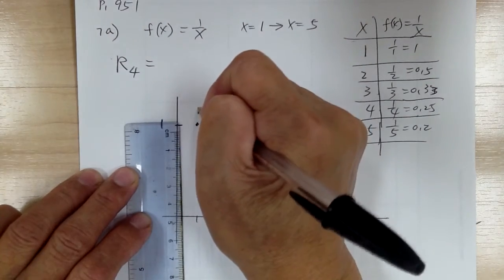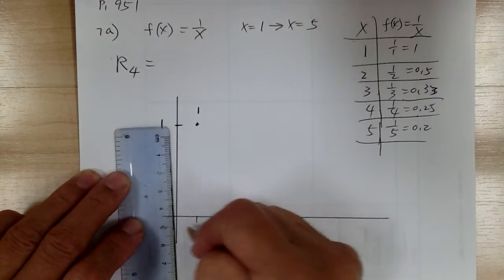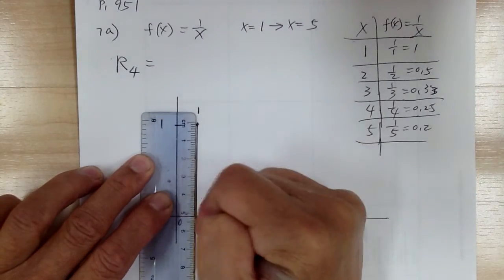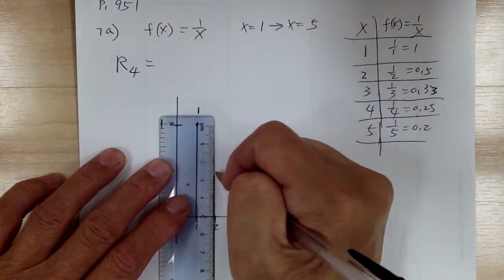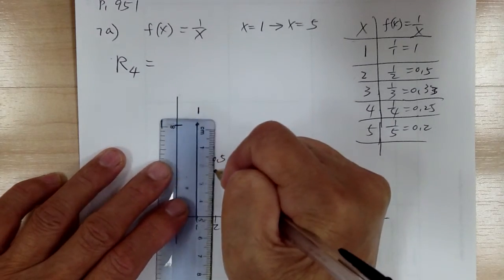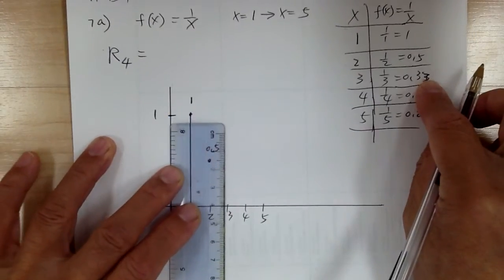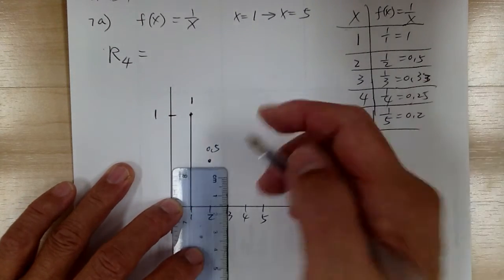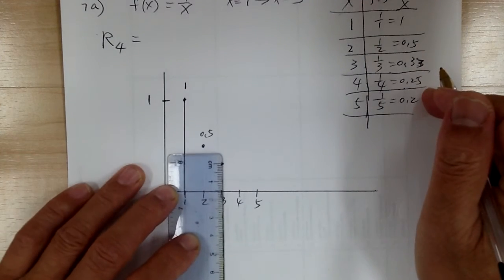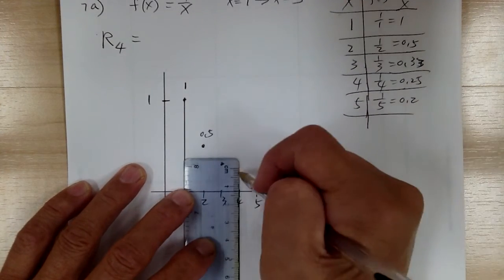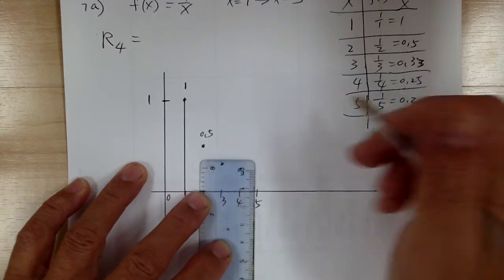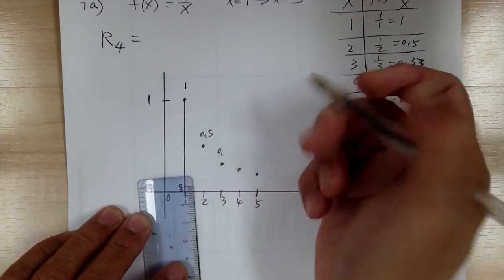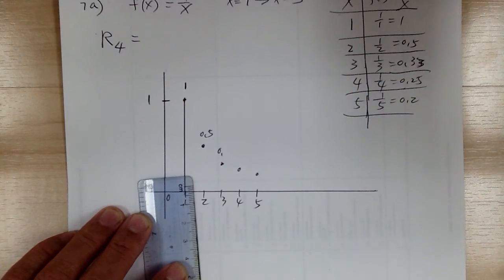Again, I'm just going to put the height, and so 0, 1, 2, 3, 4, 5. 2, you get 0.5. 3, you get 0.3. And then you get 0.25. And then you get 0.2. I'm going to just use fractions because these are nice fractions.